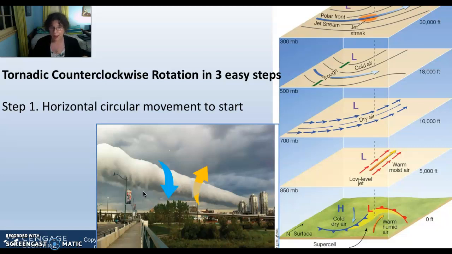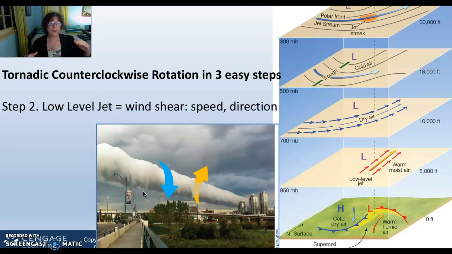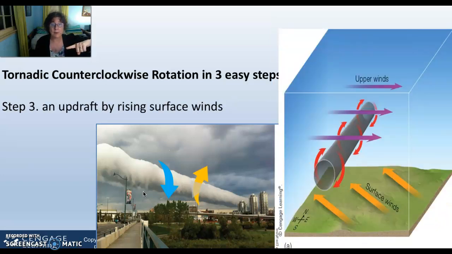When you have a low-level jet, that can come in and really accelerate all of that movement and all of that wind shear and go through that horizontal rotation at the low level in there.